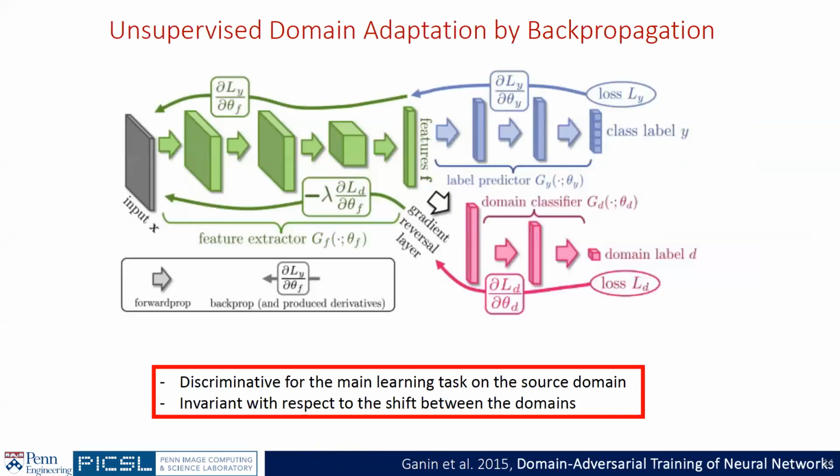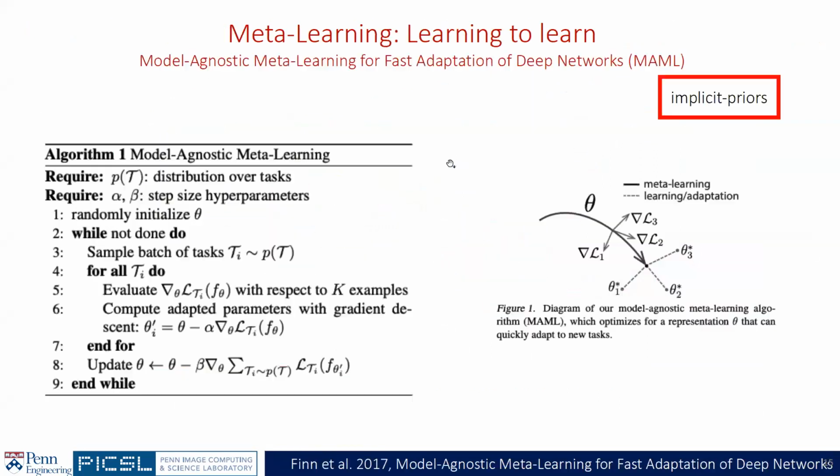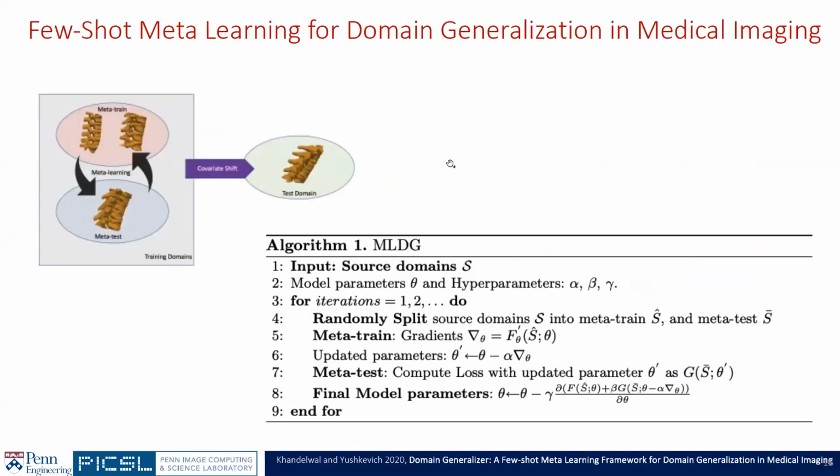For example, we saw that just by negative lambda, we are able to achieve invariant features, right? So the goal of meta learning in general is to learn implicit priors from different domains, to again make sure that we are learning invariant features in the network.